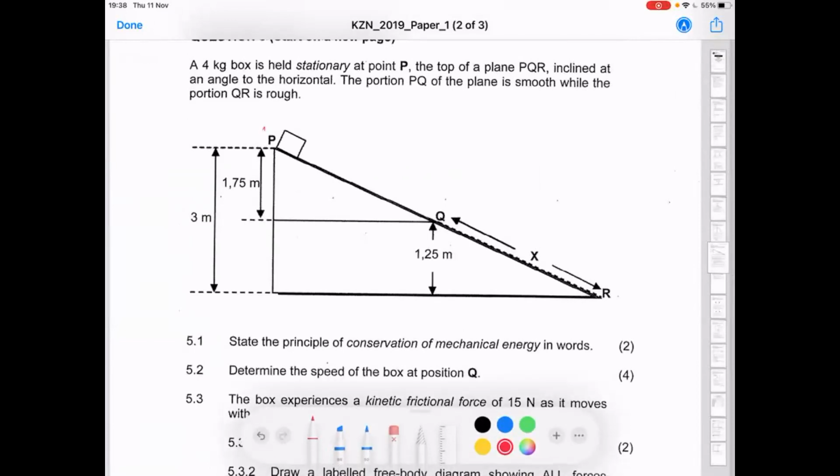We know that it's 3 meters above the ground, or it's 1.7 meters above Q. And we want to know when it gets to position Q, what is the speed? Okay, so how are we going to do that? We're just going to use the conservation of mechanical energy. Okay, so let's do that.